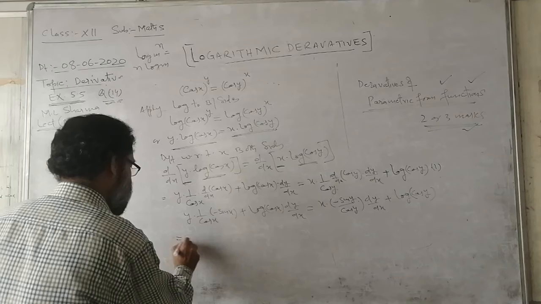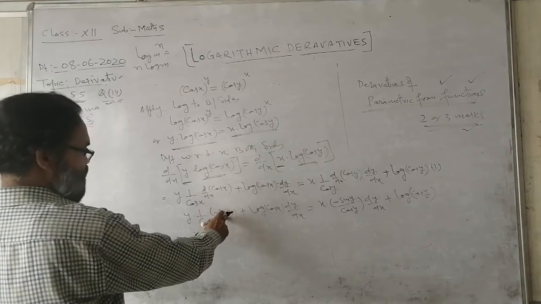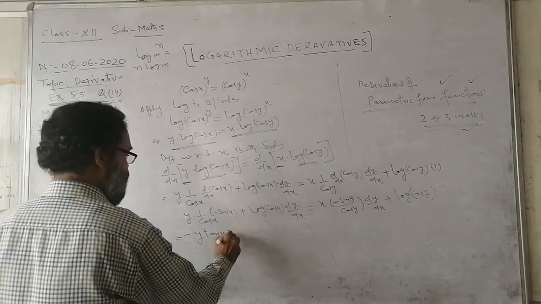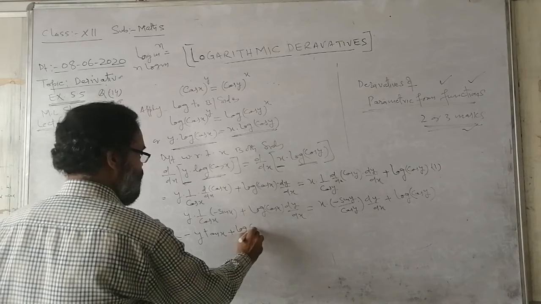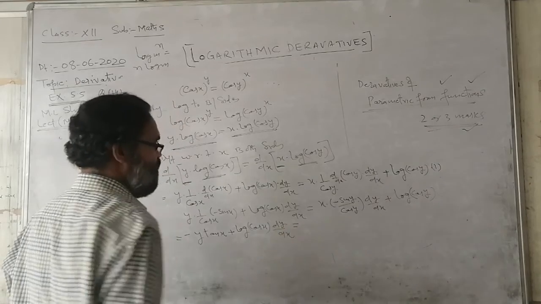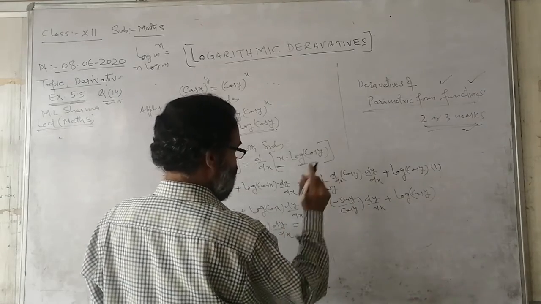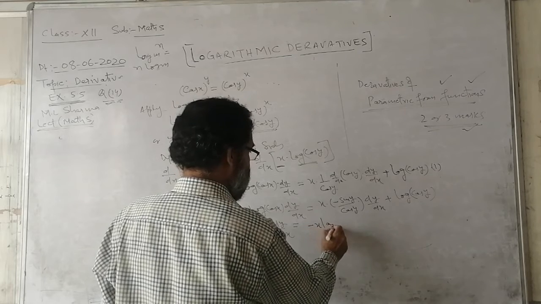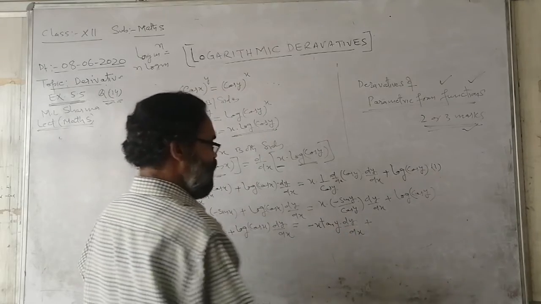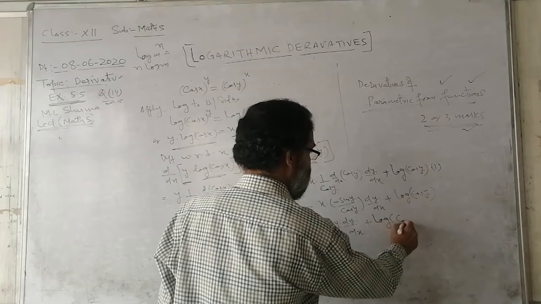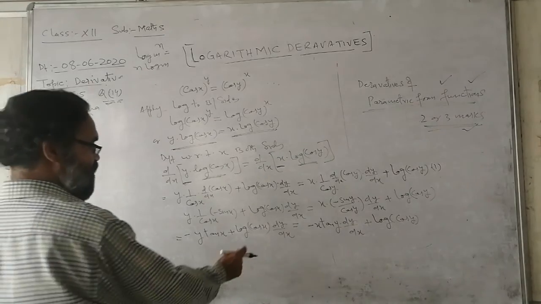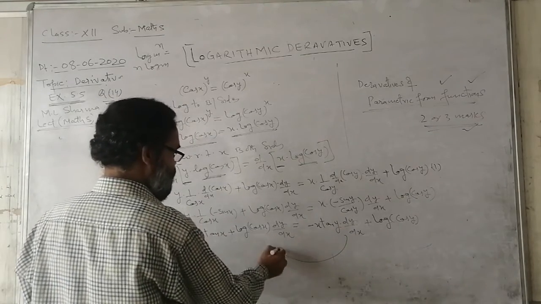So this will be y times minus sin x upon cos x, it will be minus y times tangent x, plus log cos x dy upon dx equals minus x times sin y upon cos y, this will be tangent of y into dy upon dx, and plus here log of cos y. Now I have two terms of dy upon dx, one is here, one is here. I transfer this to this side.